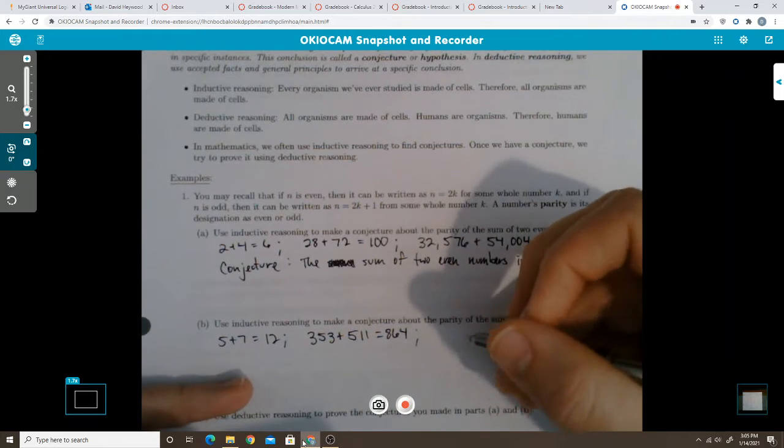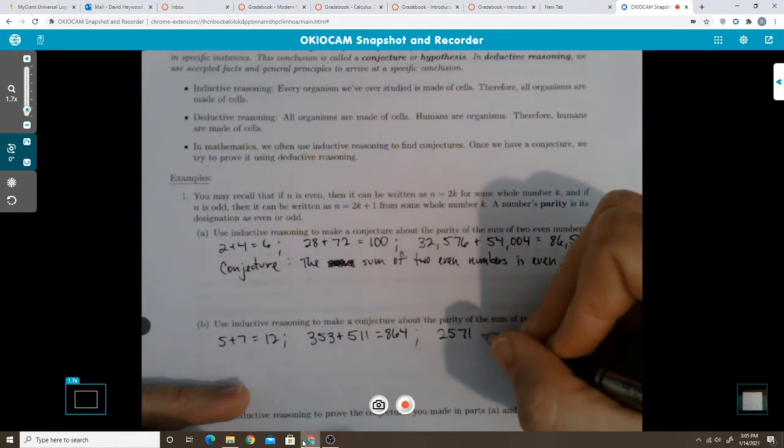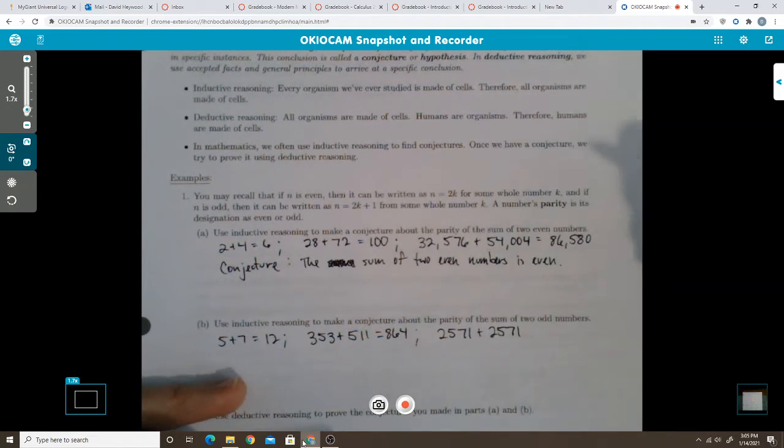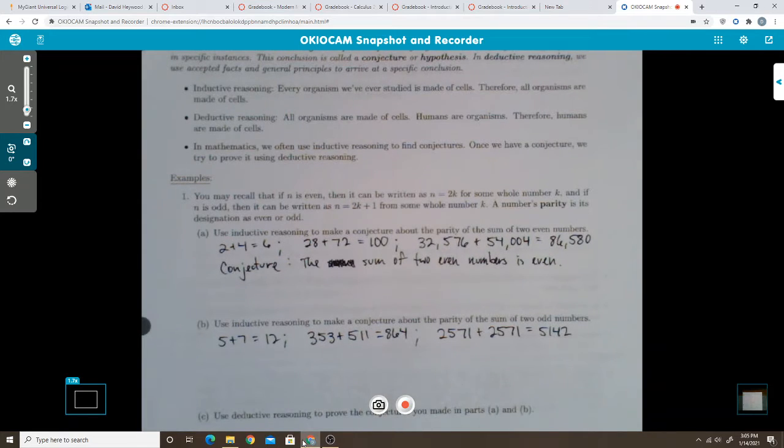Let's do 2,571 plus 2,571, right? They're both odd numbers, so this still works. 2,571 plus 2,571 is 5,142. Okay, so another even number, right? So, okay, so it seems like the sum of two odd numbers is also an even number, right?